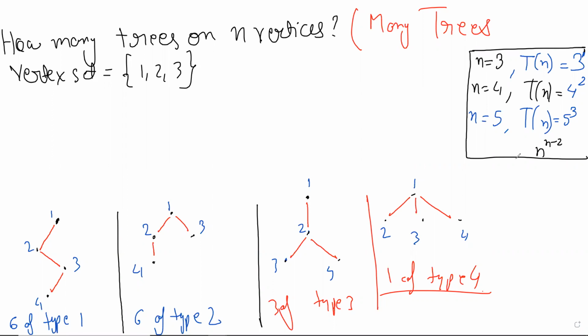Let's think about what else counts n to the power n minus 2. What other counting problem would have n to the power n minus 2 as an answer? Think of a simple counting problem.